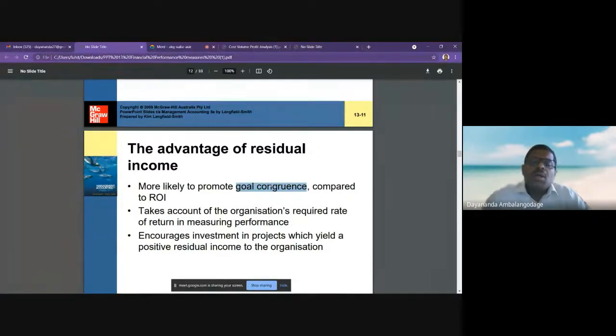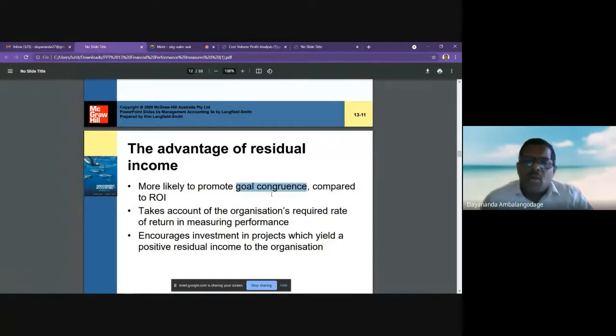That's called goal congruence. Likewise, when you have a group of companies, the board of directors should control all the other CEOs, because we have given more autonomy to the CEOs, so a controlling requirement is needed. That's called goal congruence. It takes account of the organization's required rate of return in measuring performance, and encourages investment in projects which yield positive residual income to the organization.